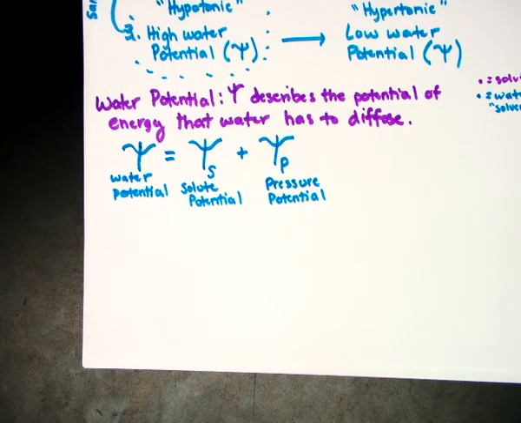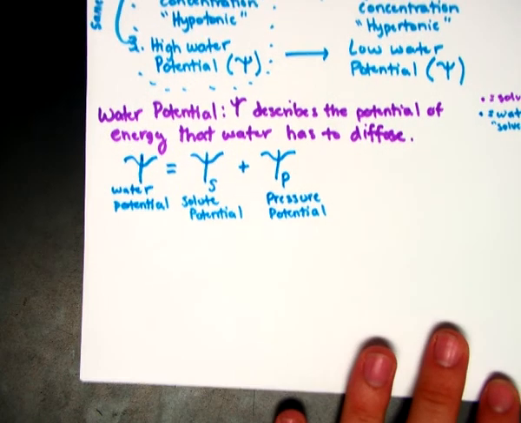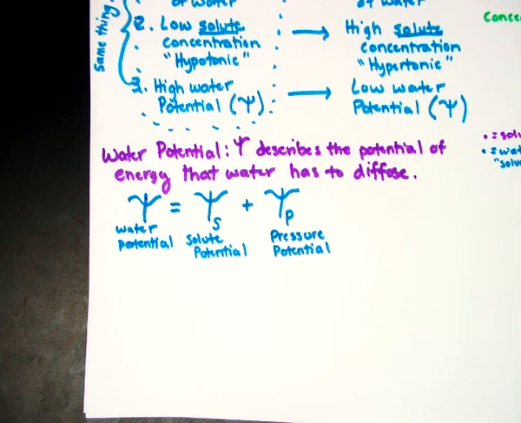When we know the psi inside of a cell and the psi outside of a cell, we can make a prediction about which direction osmosis is going to occur. It will occur in the direction of high to low water potential.